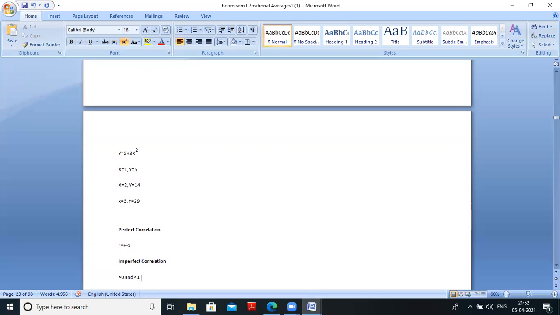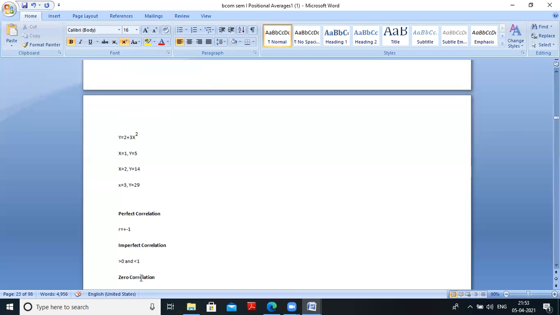Perfect correlation is when the degree of correlation is either +1 or -1. If it is +1, then it is perfect positive correlation. If it is -1, then it is perfect negative correlation. Imperfect correlation is when correlation between two variables is between 0 and 1, let it be 0.25, 0.3, 0.4. That is, it is not perfect.